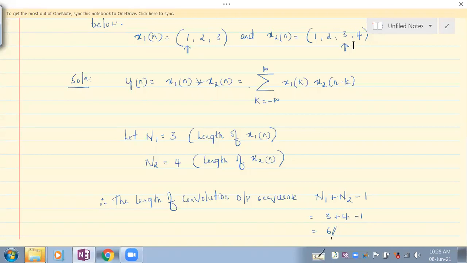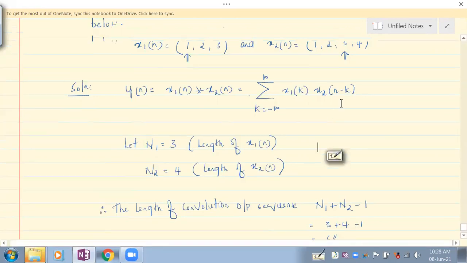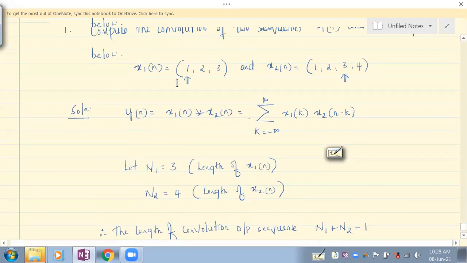And where should it start? See where the first sequence is starting. The first sequence is starting at n equal to 0. The second signal is starting at n equal to minus 2, if this is n equal to 0, n equal to minus 1, n equal to minus 2.